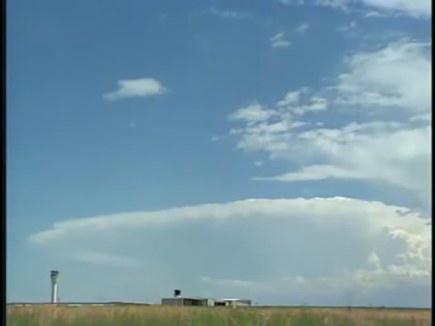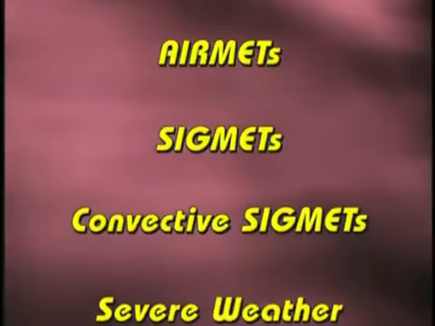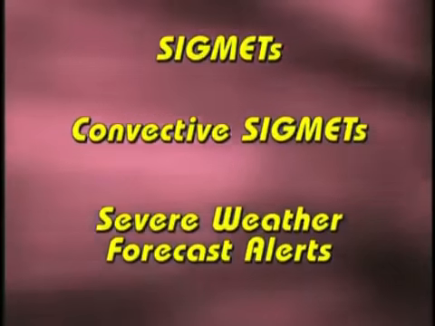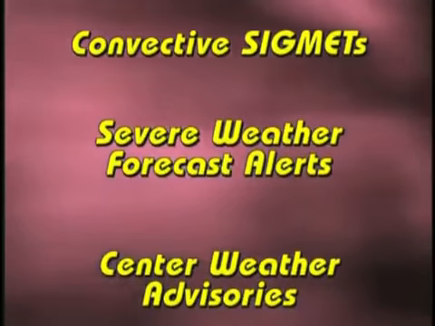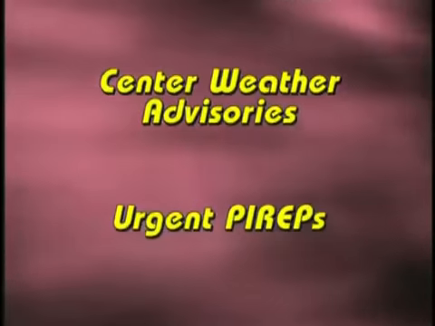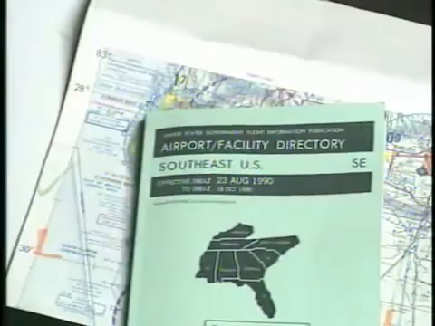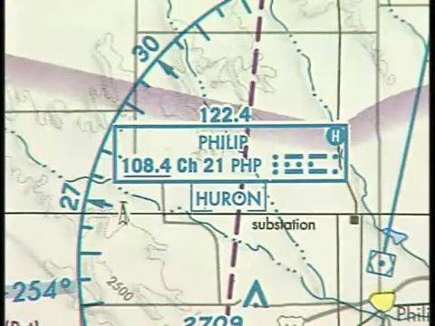Information available through this system includes airmets, SIGMETs, convective SIGMETs, summarized severe weather forecast alerts, center weather advisories, and urgent PIREPs. The nav aids and frequencies used for HIWAS can be found in the Airport Facility Directory. Nav aids with HIWAS capabilities are also noted on aeronautical charts.